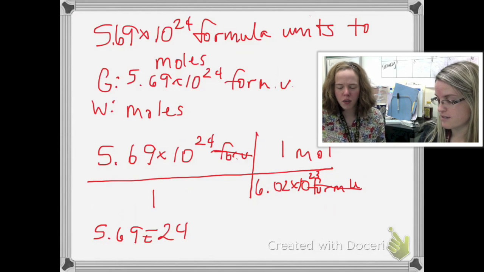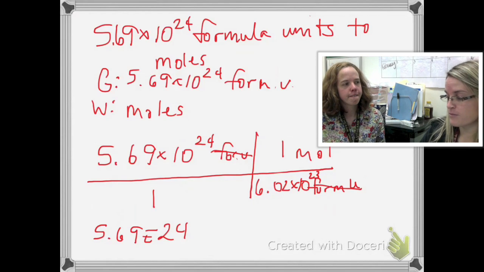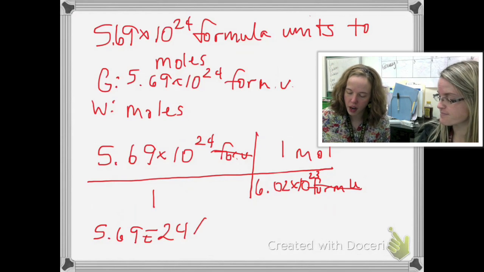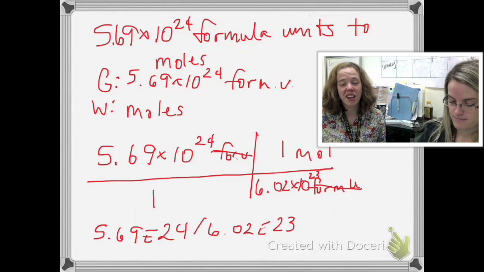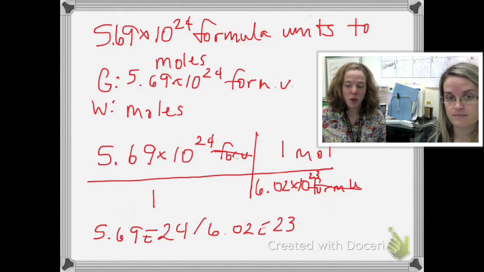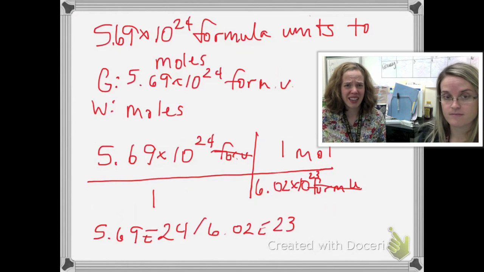And then what are we going to do if a number's on the bottom? We divide. So divided by 6.02 E 23. This is why we use E and not just times, because if we forget to use our parentheses, we'd be multiplying by 10 to the 23rd at the end, and things get weird.